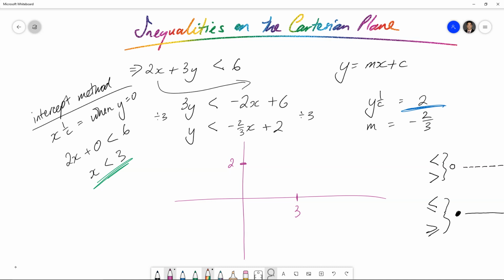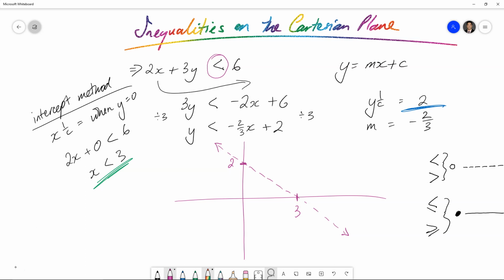So in this case here, because it is an exclusive symbol, we're going to put a dash where we would normally have a solid straight line. So that is the straight line graph for that particular linear equation. But because we have an inequality symbol, we're going to actually exclude any value that is along that line.